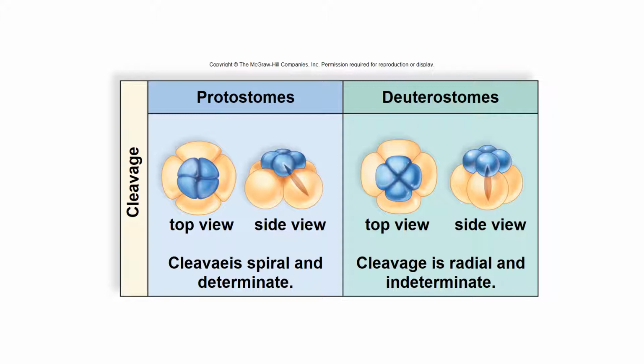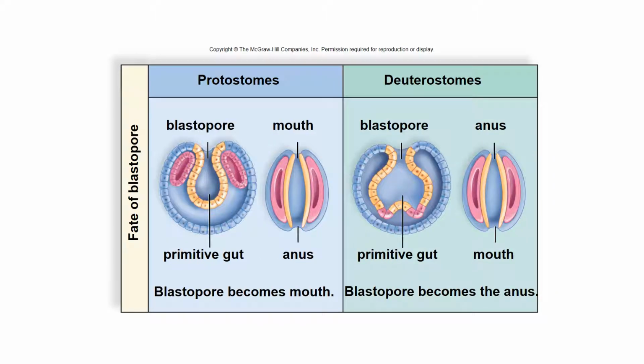Okay, some things that are good to remember. Proto in protostome means first, and stoma means mouth. And in deuterostomes, the deuter means second. Now, the meaning of those words becomes really important right on this slide.